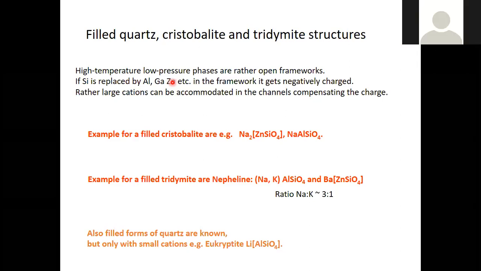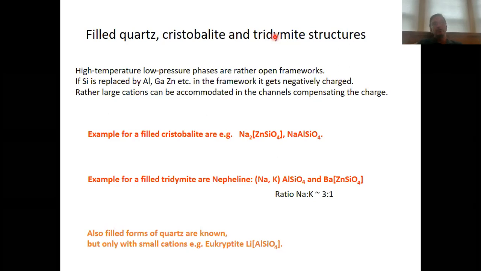So if we replace some of the silicons in quartz, cristobalite, or tridymite, then these structures become anionic and now need to be charge compensated by cations. And we call these structures then filled quartz, cristobalite, and tridymite structures.